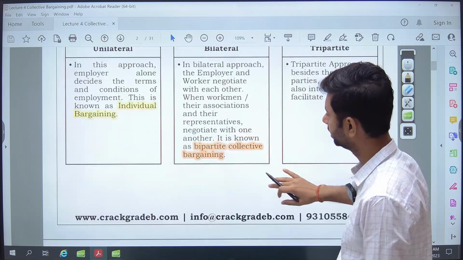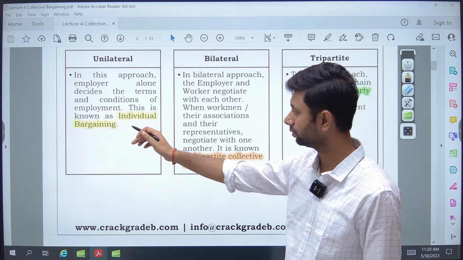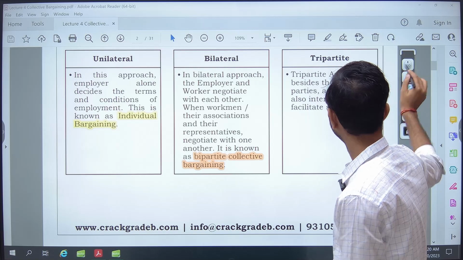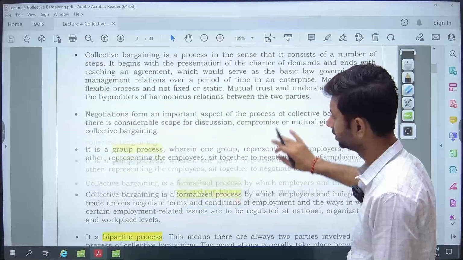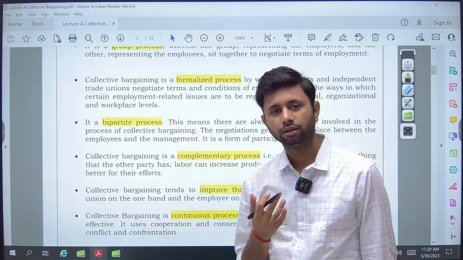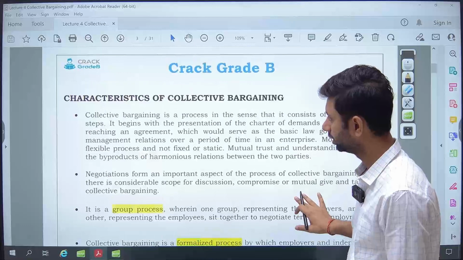Based on party, it is different. Learn about these things. This is although self-understood, but please do have a look at it. Similarly, characteristics. See, all these things you can easily understand through basic inference.